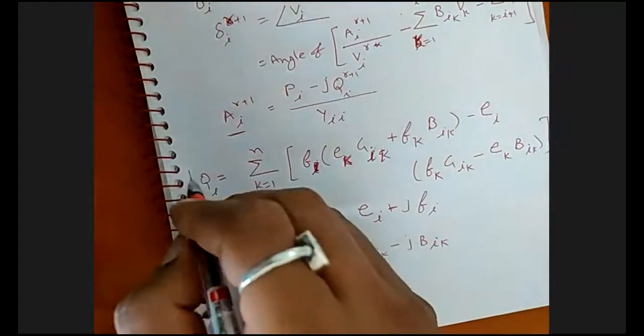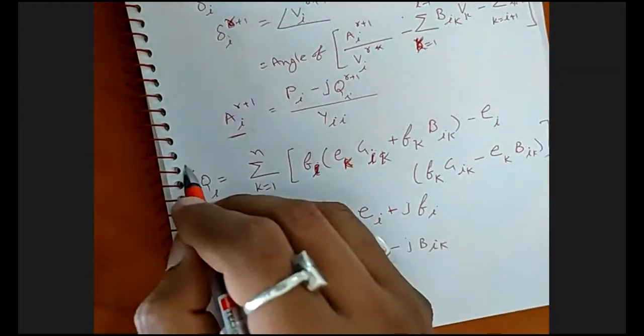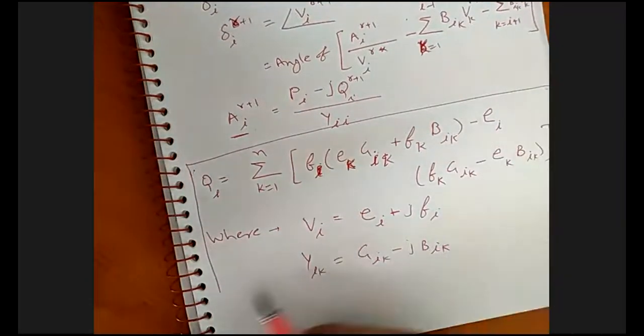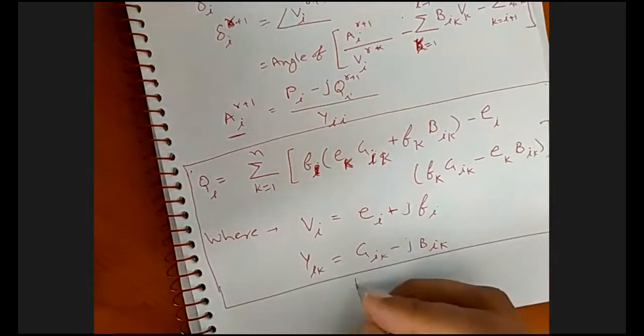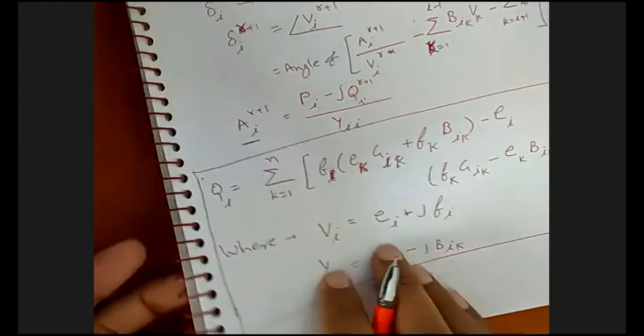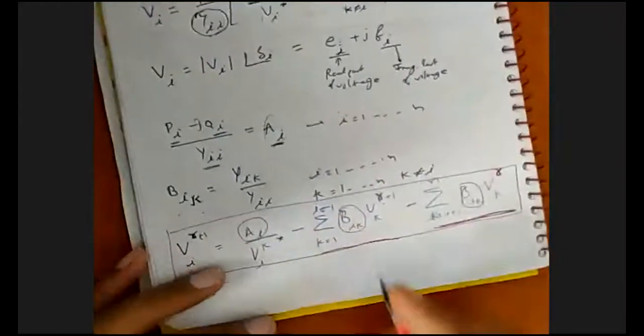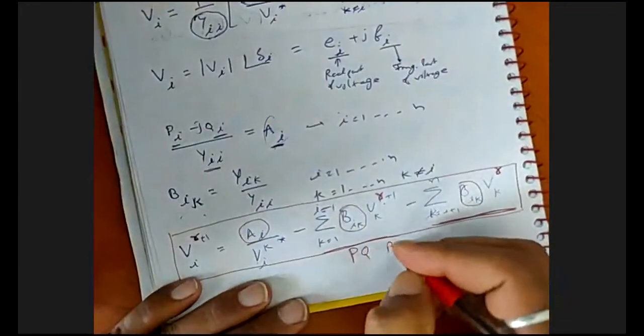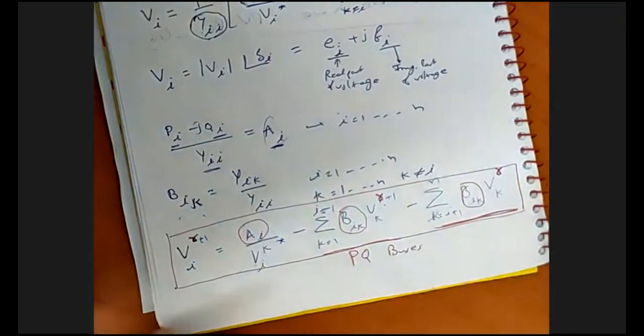So this is the formula which will be used for PV buses, and this is the formula used for PQ buses. These are the formulas you have to remember.